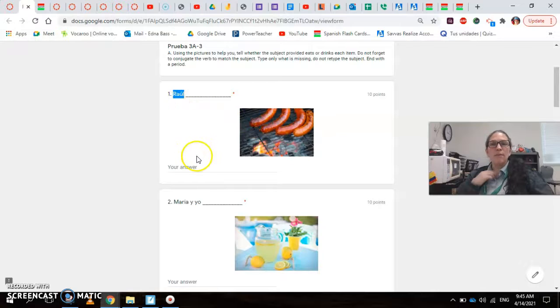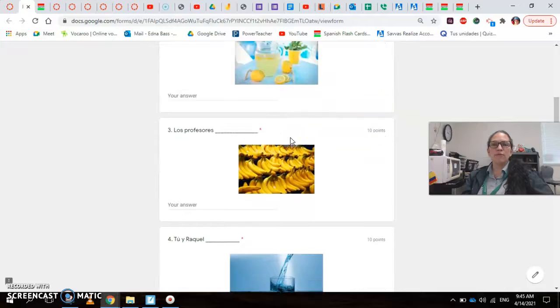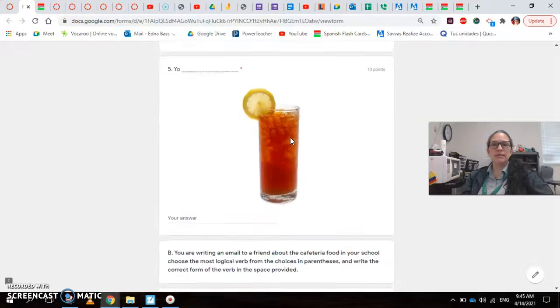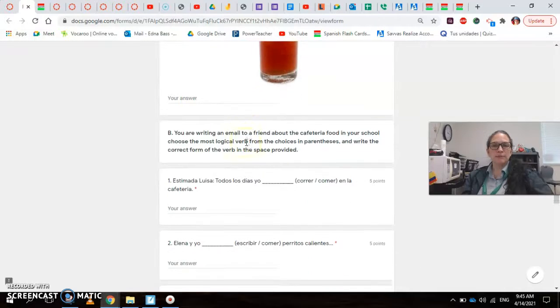So then you can make your sentence. You use the subject I'm giving you, the verb you selected, if it's eating or drinking, and then you are going to complete the sentence with the items that you see in the pictures. So you have 5 of those sentences that you need to complete.